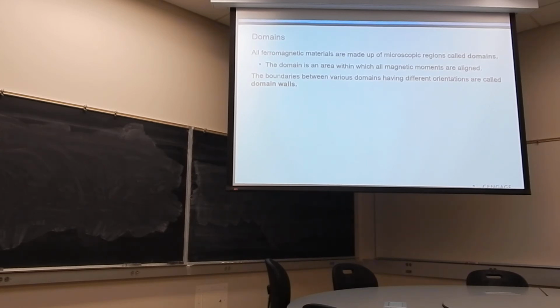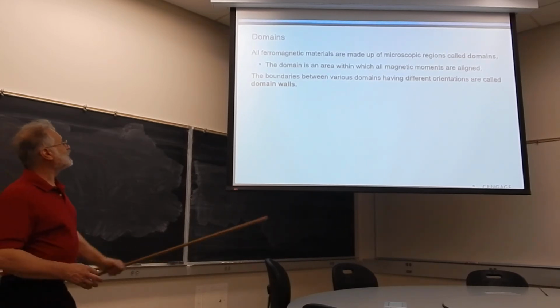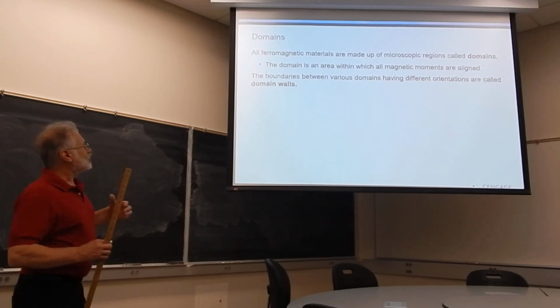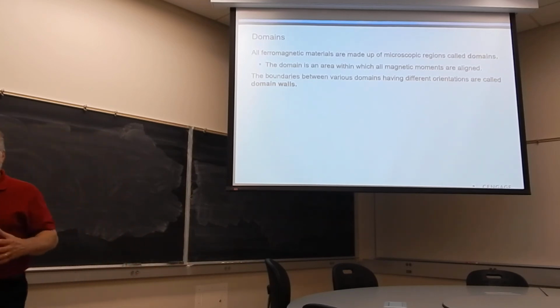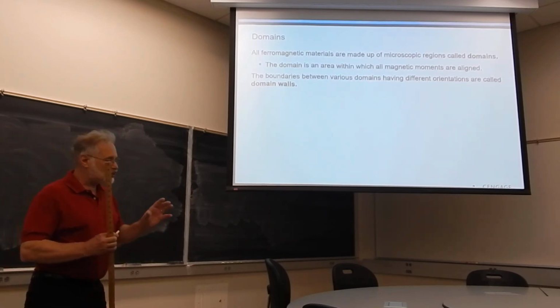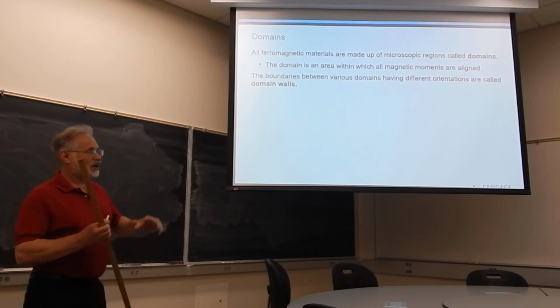When we talk about regions where the spins are aligned, we call those regions domains. And you might have different sections of the material aligned in different directions, which means that you have domain walls between those sections where you have strongly aligned spins.